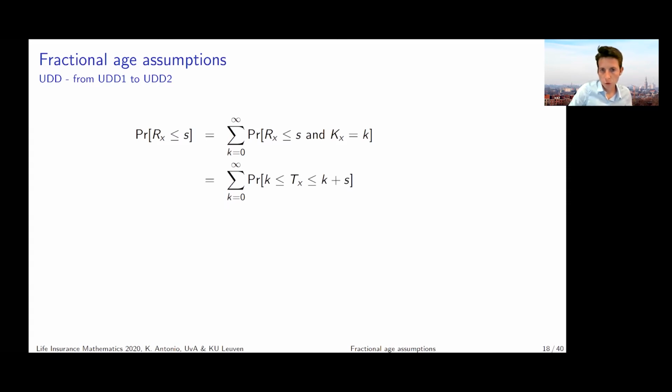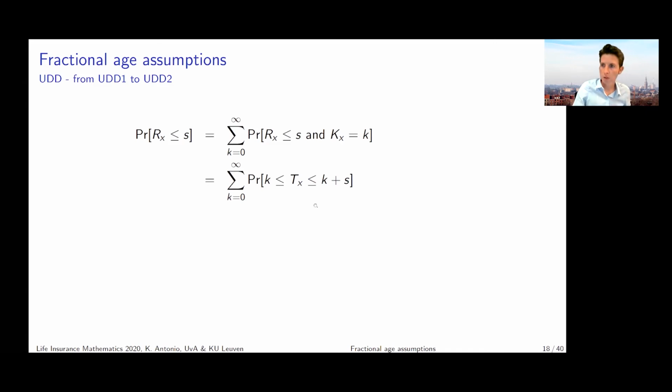Now, one way to rewrite this expression is, if Kx is equal to k and Rx is less than or equal to s, then I'm in fact looking at the probability that Tx is in between k and k plus s. That's exactly the same, right? Because I know that the integer part is equal to k, and the remainder is less than or equal to s, so that means that my future lifetime in continuous time should be between k and k plus s.